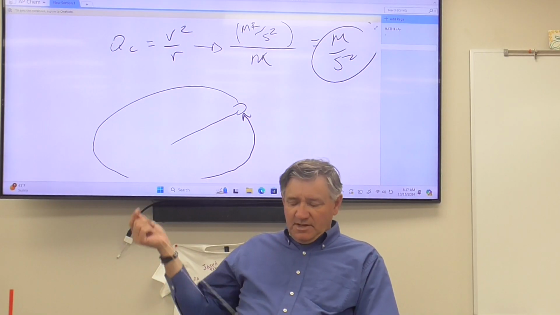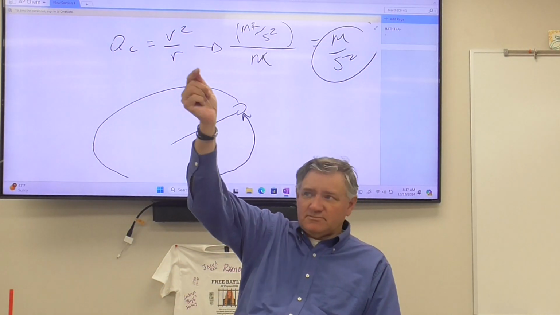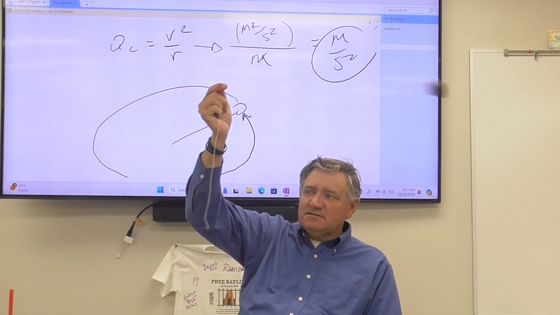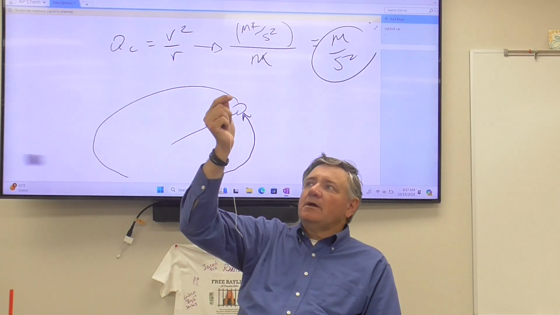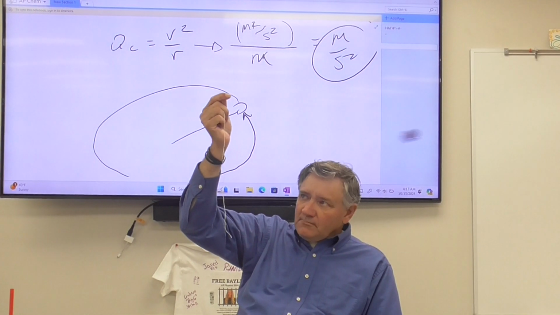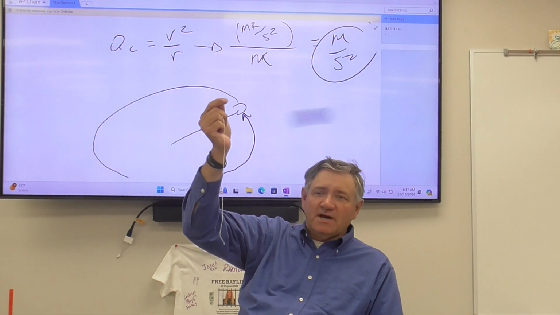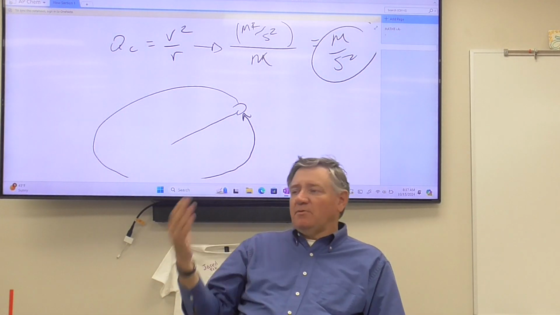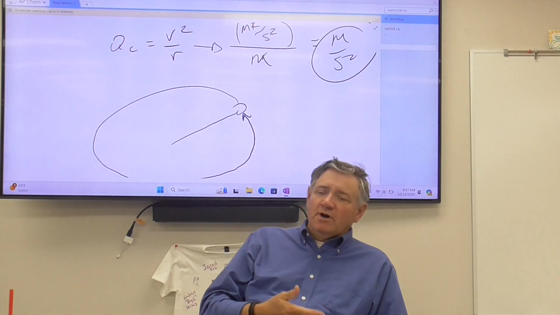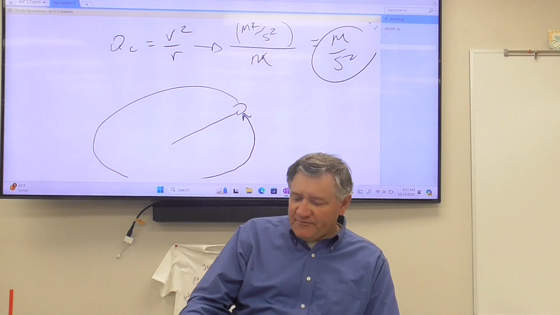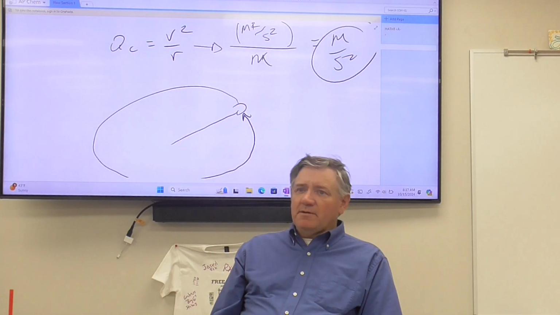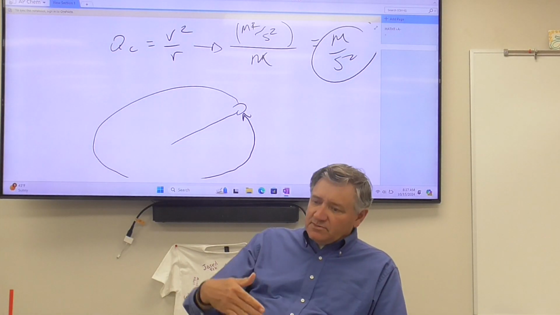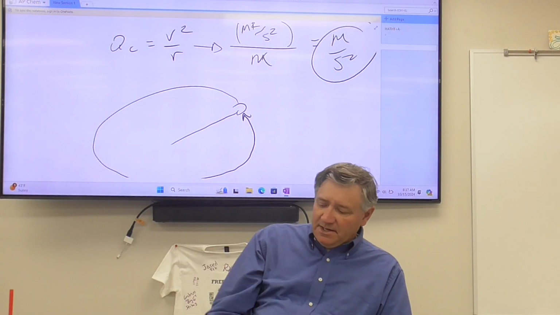So as this thing goes around, you have to ask yourself, does Mother Nature want to travel in a circle? It also boils down to this idea: you stop the force and you watch what happens. If I stop pushing that rubber stopper, it comes to a stop. That means there's a force acting on it, because otherwise it would keep going in a straight line.